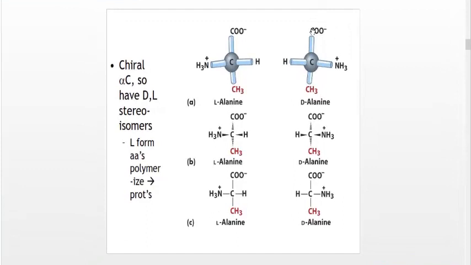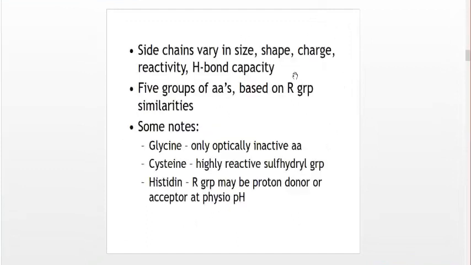Okay. So now next. So glycine is optically inactive. I have discussed why this is optically inactive. Why glycine is optically inactive? Because it has hydrogen in the R group.